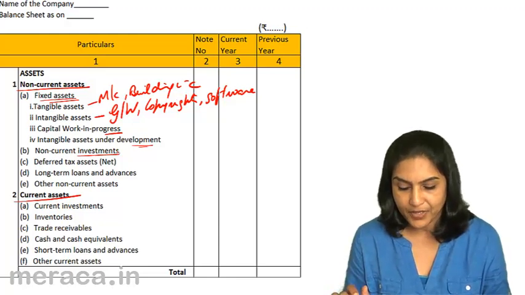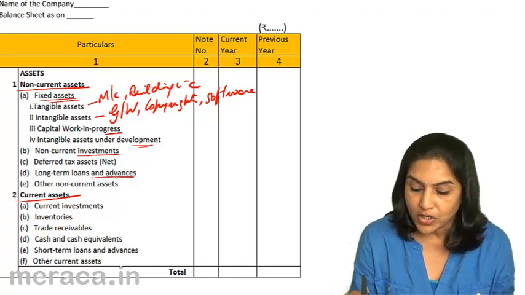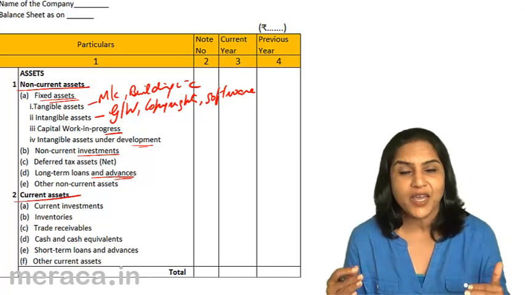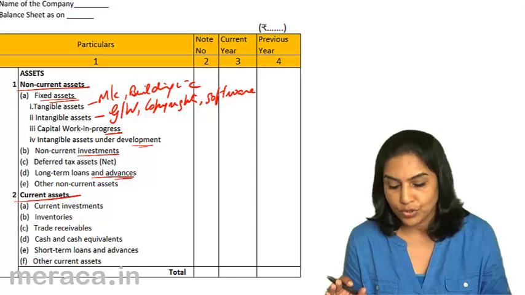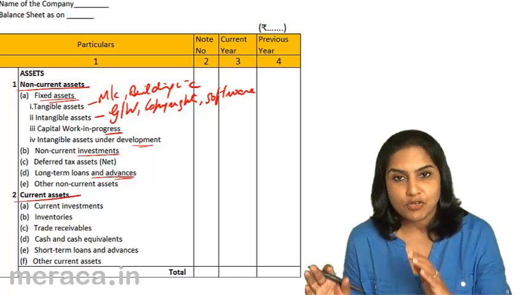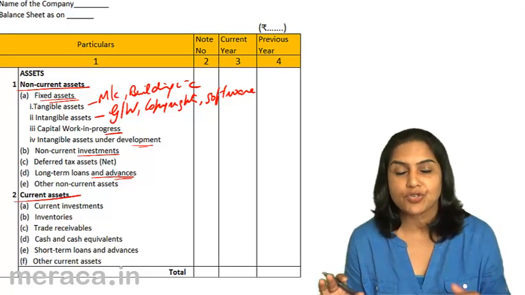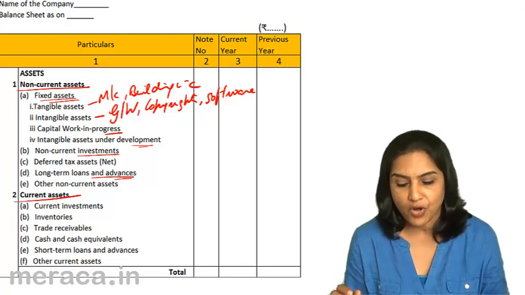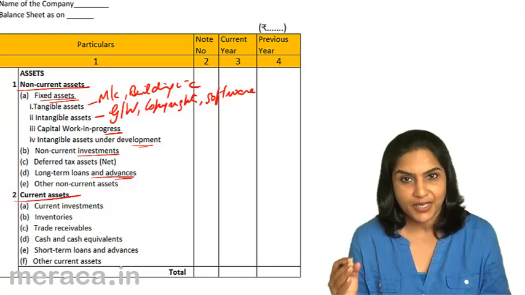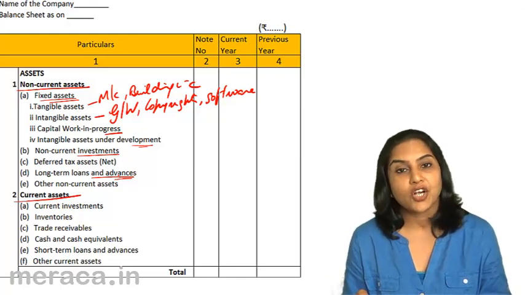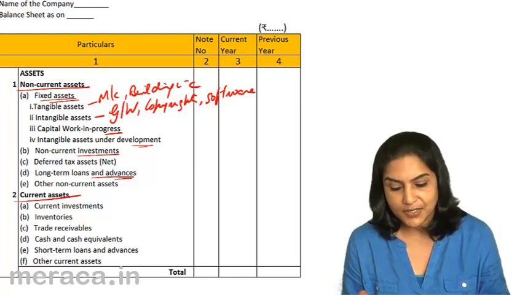If there are any long-term loans and advances, if the company has lent money to another associate, to some other institution, to some other person for a long period of time, that is, it is repayable only after a year or more, then it's called long-term loans and advances.